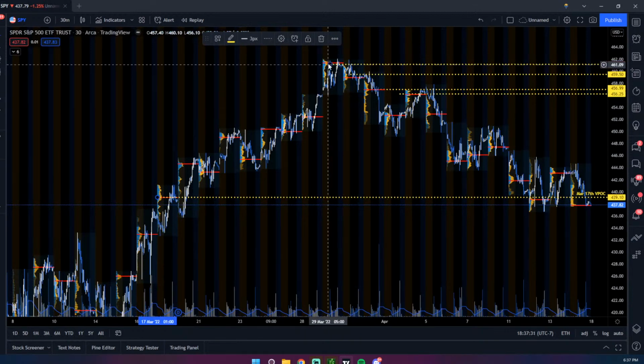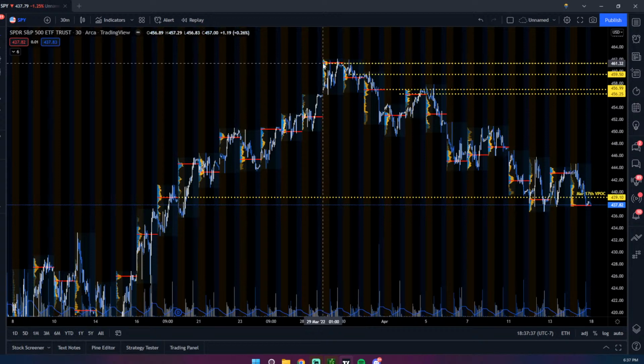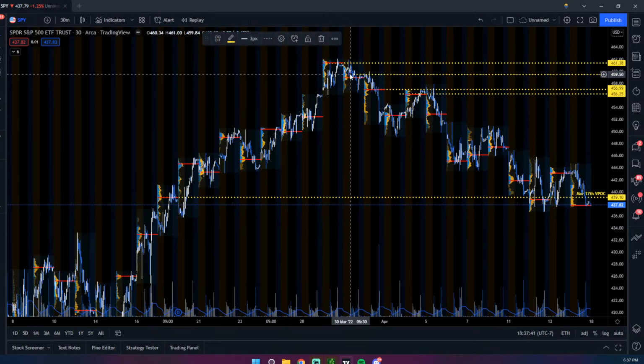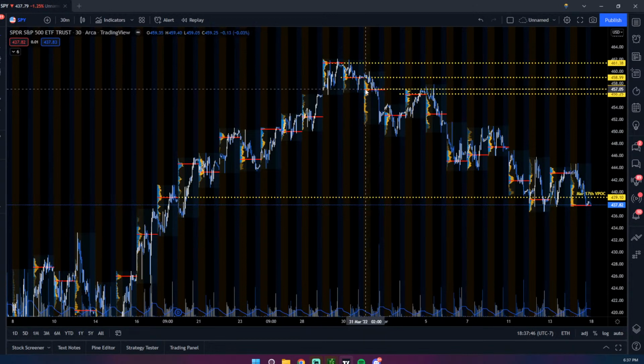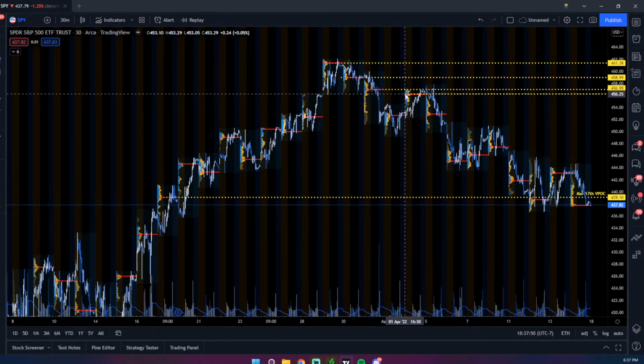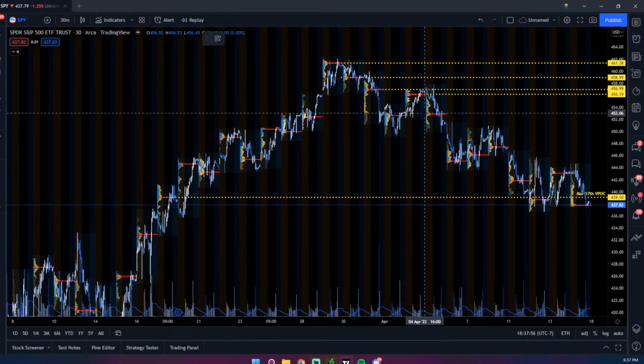Sometimes they do, but when you move from 30 minutes to like 3 minutes or any other time frame, they will move. But that's not an issue because we want to chart them on the 30-minute time frame, and they will be respected on the 30-minute time frame. So ignore the fact that they move when you switch to a different time frame. But you do want to chart them on the 30-minute time frame.